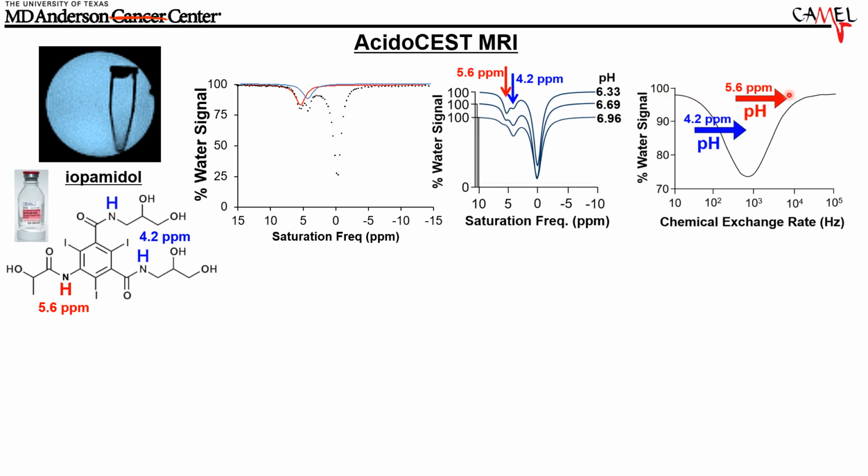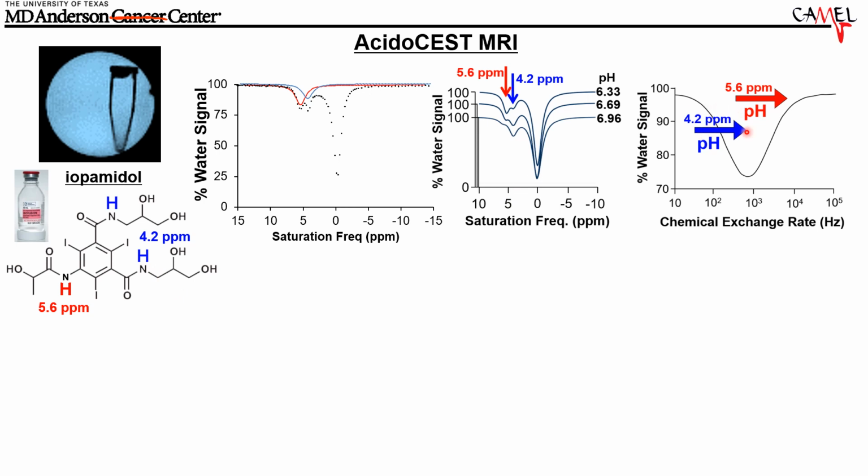But if I make it go too fast, it will then be too fast to actually generate CEST, transfer over to water, and carry its saturation effect over there. So we lose CEST from the proton at 5.6 ppm. While the proton at 4.2 ppm is actually exchanging too slow. And by increasing the pH, we have more hydroxides, OHs, that can come by and pluck off the hydrogen and form H2O.